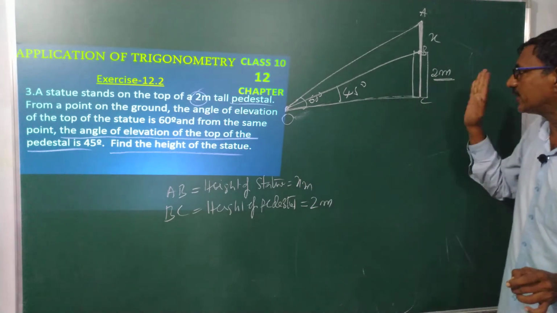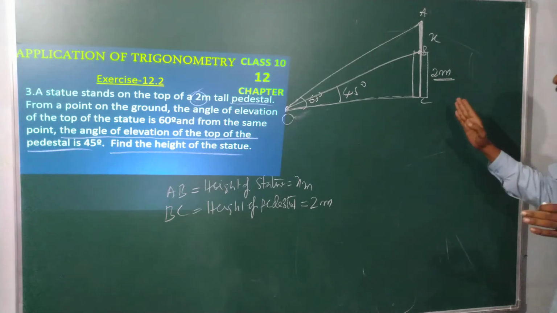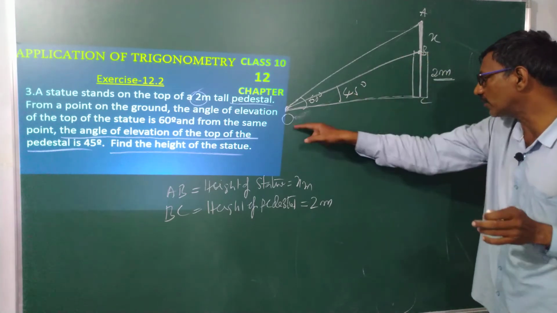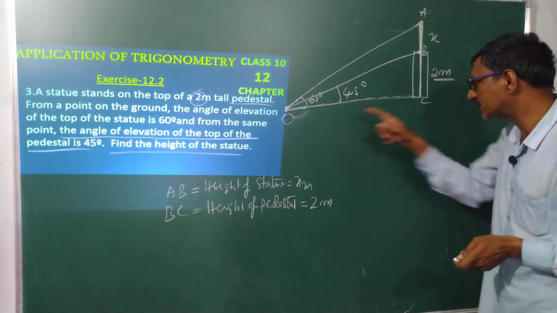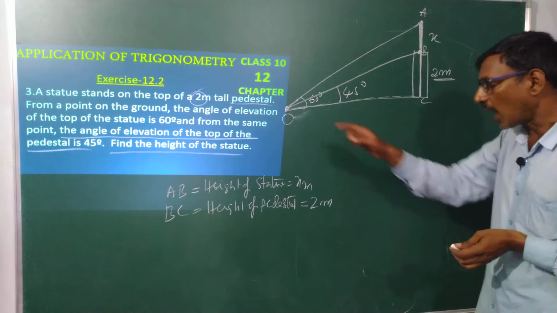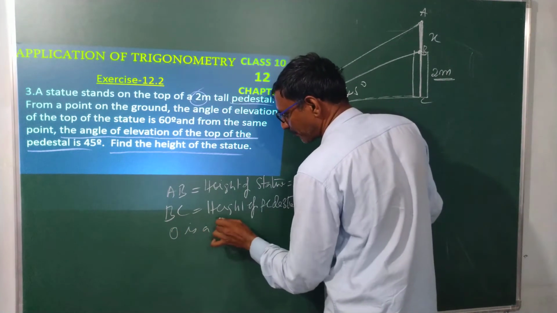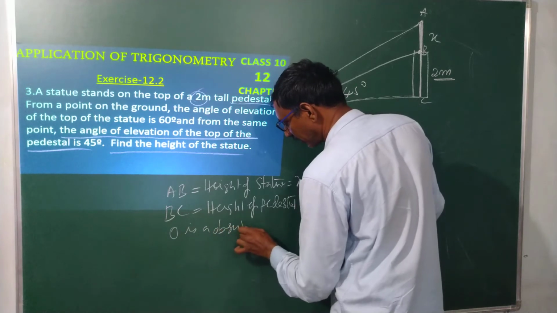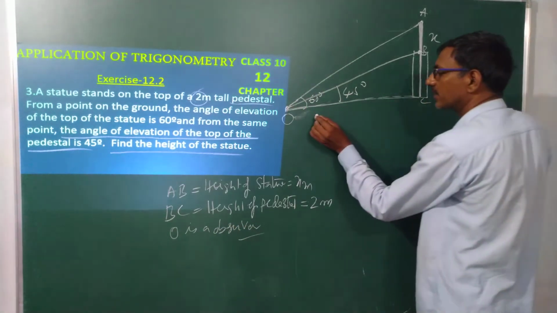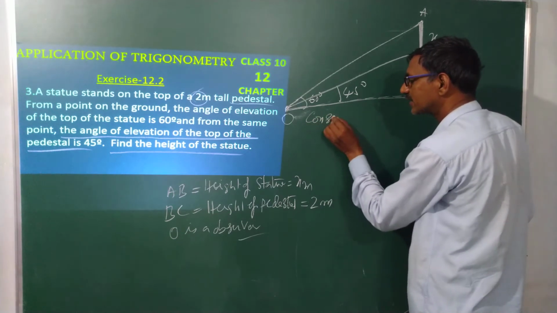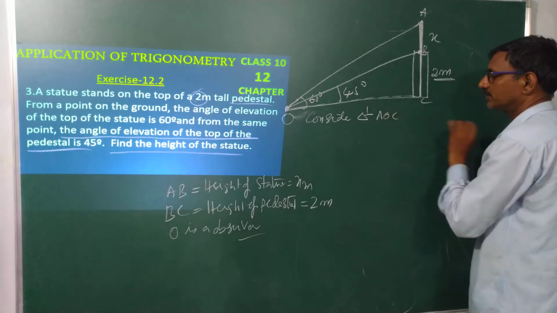By observing this picture, I have two right angle triangles. The first one is BOC and the other is AOC, and O is the observer. Now consider right angle triangle AOC.